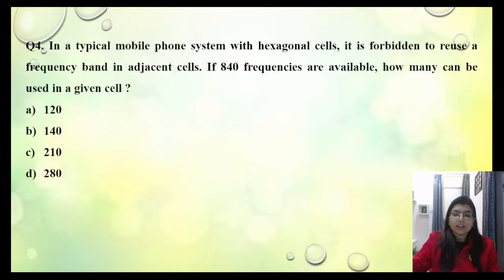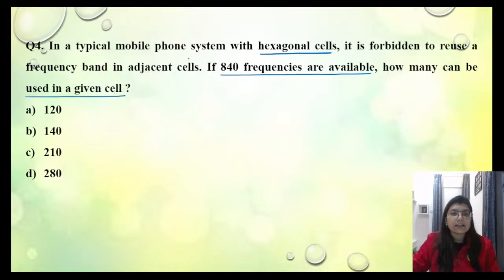Next question. Now this question is from mobile computing, and this is a good question. They are saying in a typical mobile phone system with hexagonal cells, it is forbidden to reuse a frequency band in adjacent cells. If 840 frequencies are available, how many can be used in a given cell?